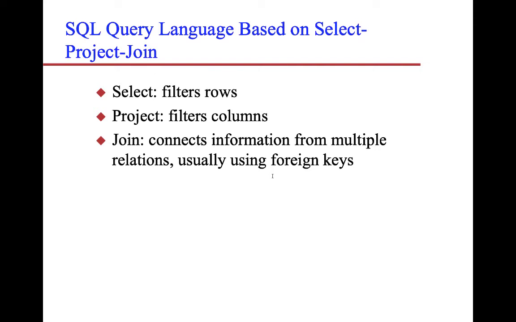So you use a filter, the where command, in order to filter out only the rows you want. Project filters columns. So you normally, in the select statement, give the columns that you want to see. And then join, which we will cover on Tuesday, brings together or combines information from multiple files.